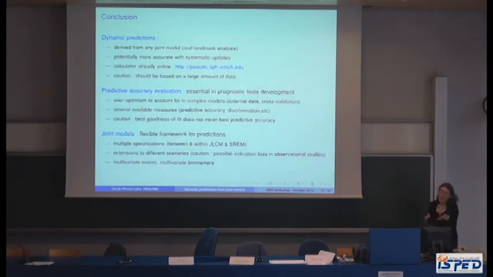So to conclude, I wanted today to show how we could derive dynamic predictions from any joint model, and I would say any landmark analysis also. Those dynamic predictions are potentially more accurate because we can systematically update them according to the information we have collected dynamically.